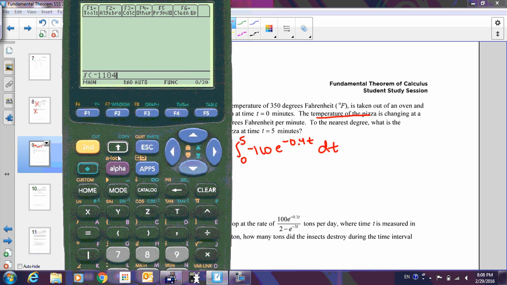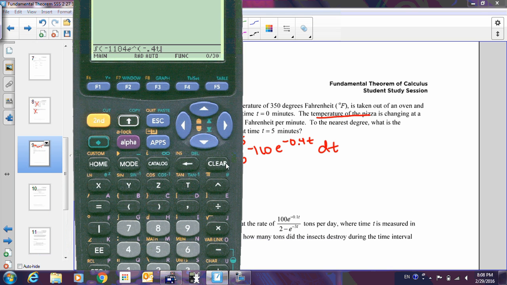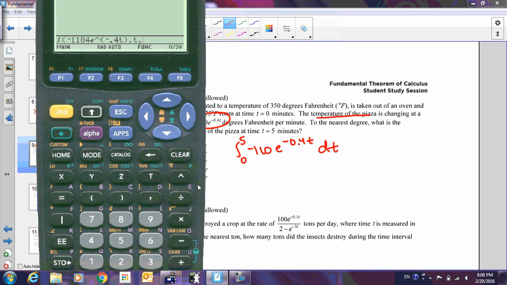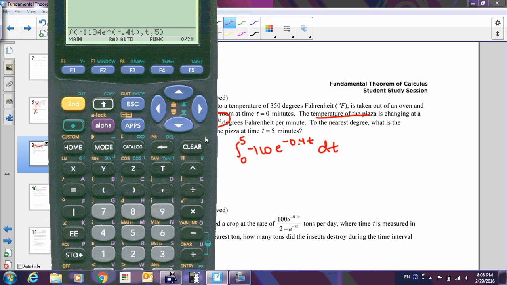I need the second e to negative 0.4 t. Make sure you close the parentheses on the other end of that, and then comma t, comma, and then if I go 0 to 5, what that's going to allow me to do is find out the change in temperature from 0 to 5.